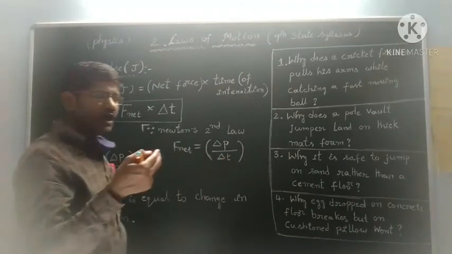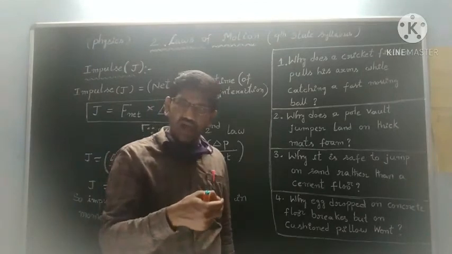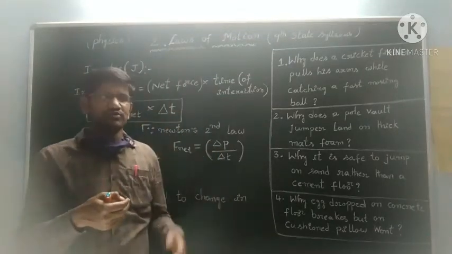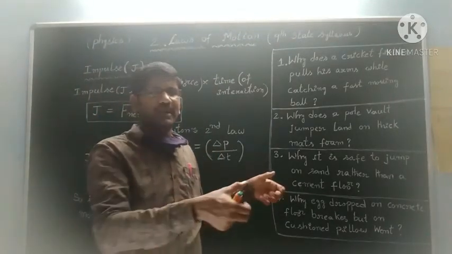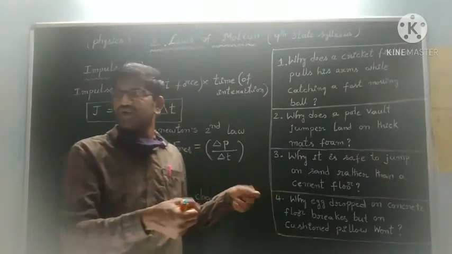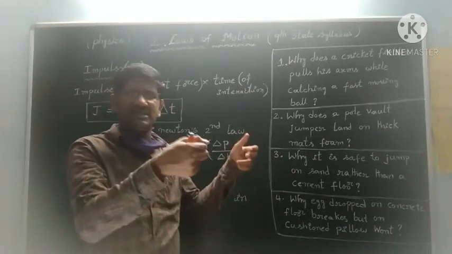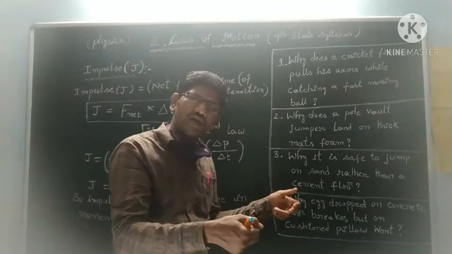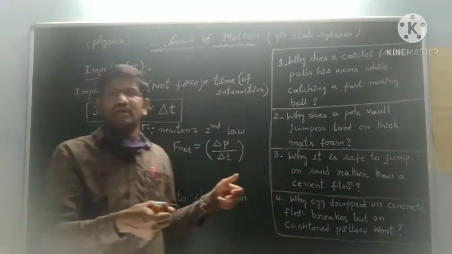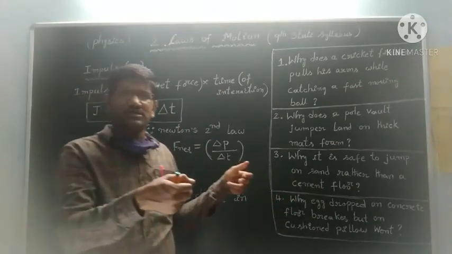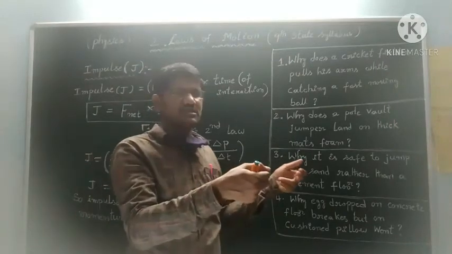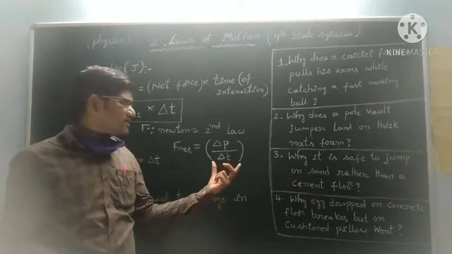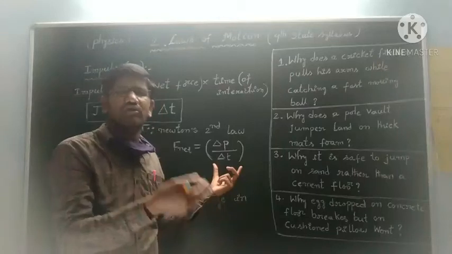Similarly, you want to stop the moving cycle also. To decrease its speed, we should apply a force, but that is a retarding force. We apply more force, its momentum decreases by more amount and it quickly comes to rest. This rate of change of momentum may be positive or negative.